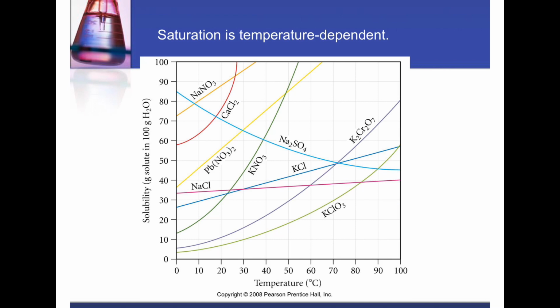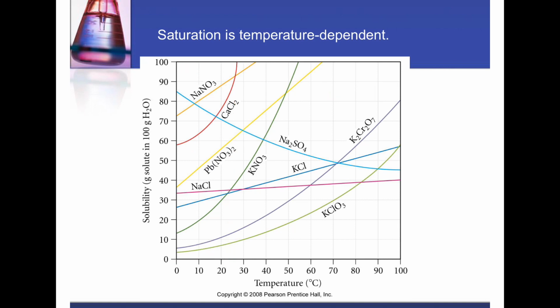So when you look at this, this is maybe about 58 grams, and here it's 100 grams. And the difference in temperature is about 25 degrees. So what that means is that if you increase the temperature 25 degrees Celsius, you can almost double the solubility. It's not quite double, but almost double.